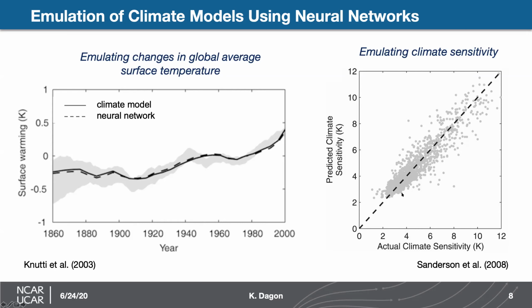And then on the right here, a paper from one of my co-authors, Ben Sanderson, looking at emulating climate sensitivity. I'll also show plots similar to this, where he's looking at the performance of the emulator by plotting the predictions of climate sensitivity on the y-axis and the actual climate sensitivity on the x-axis. This is a nice way of testing the predictive skill of the emulator.